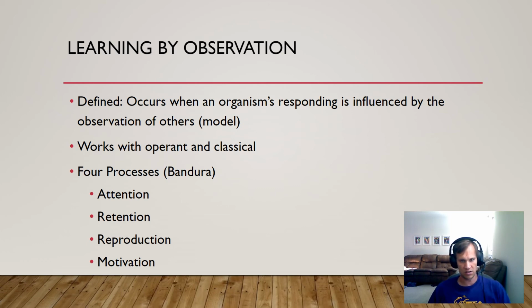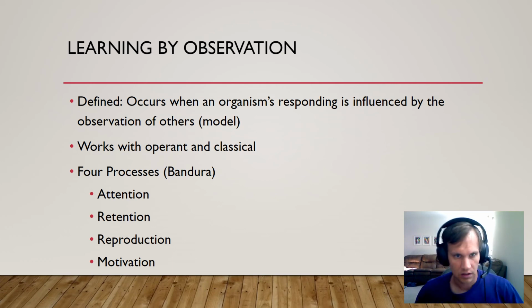This is our Bandura. This is our Bobo the doll experiment. This is really with children, but really with any organism, can watch the modeling of others and watch their actions and the consequences of those actions, and then possibly pick up on those and start to exhibit those behaviors themselves.